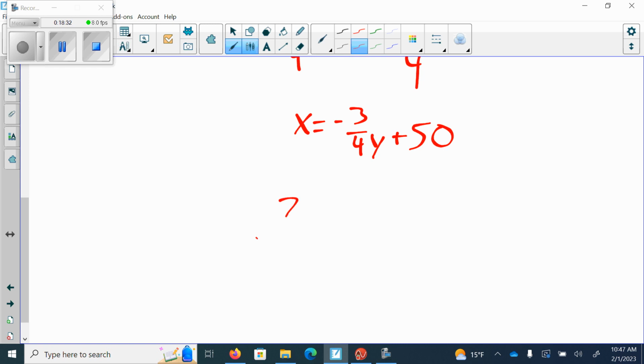So now he solved x in terms of y, and he's going to substitute that in for his area formula, which is the equation he's trying to maximize.